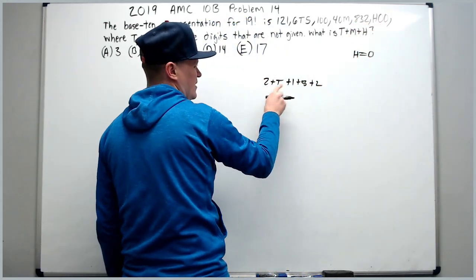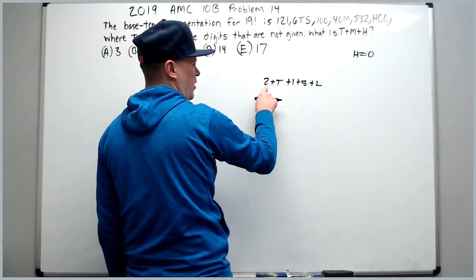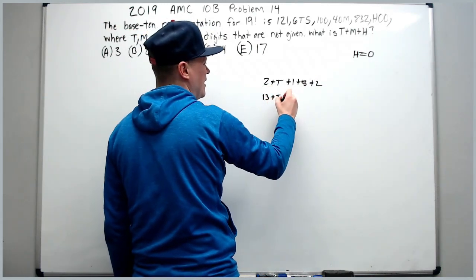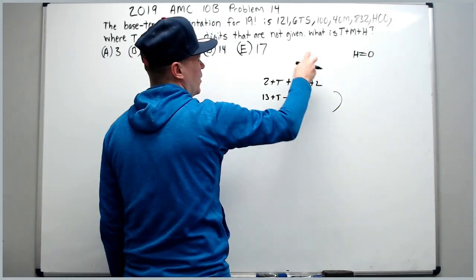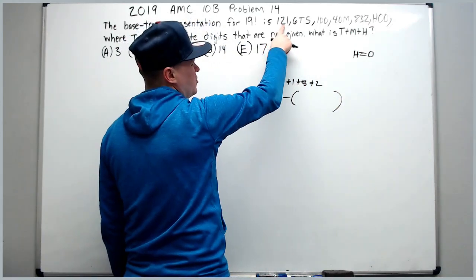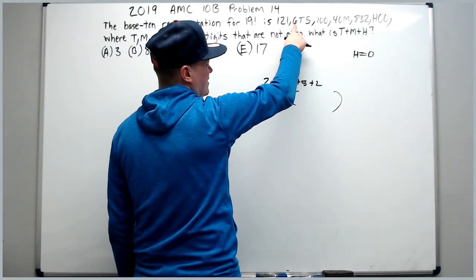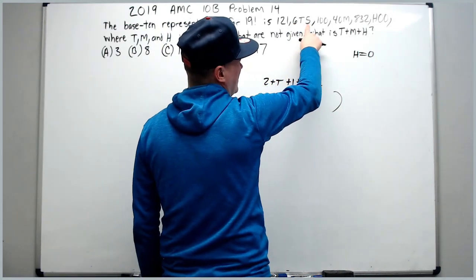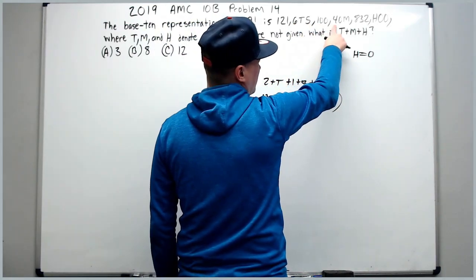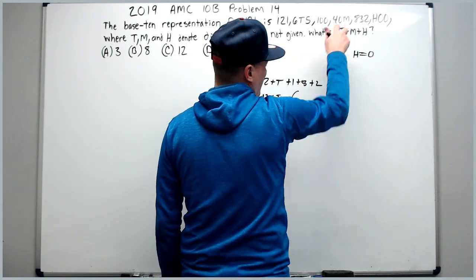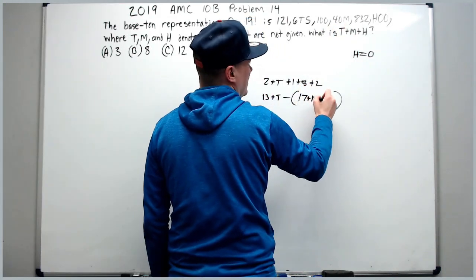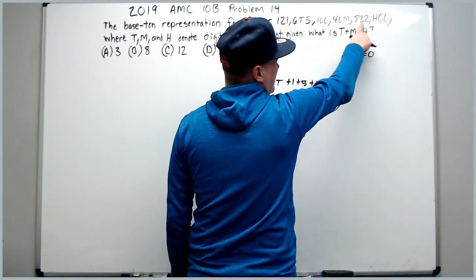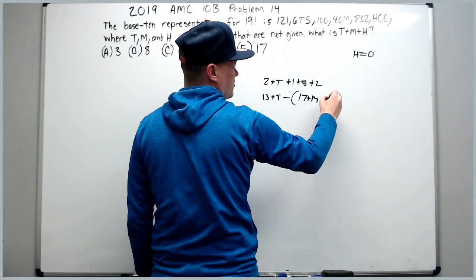All right, then this is 10, 11, 12, 13 plus t, minus now what's left, which is the 2 plus 6 is 8, plus 5 is 13, plus 0 plus 4 is 17, plus m, plus 3 plus h, which is also 0.